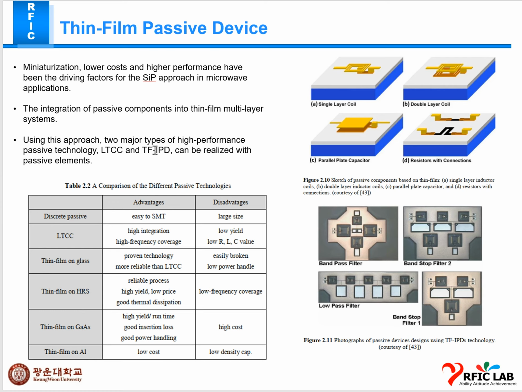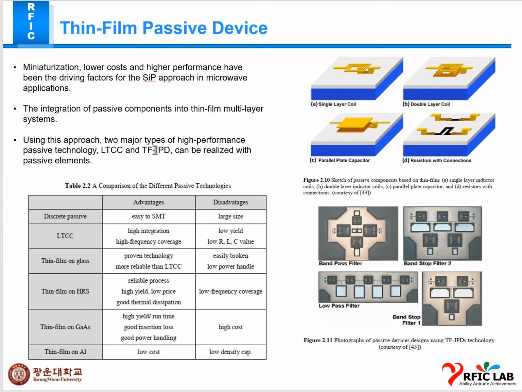For thin film on glass, the advantage is a proven technology, more reliable than LTCC, and the disadvantages are that it can easily break and has low power handling. For thin film on HRS, it is a reliable process with high yield, low price, and good thermal dissipation, and the disadvantage is low frequency coverage.